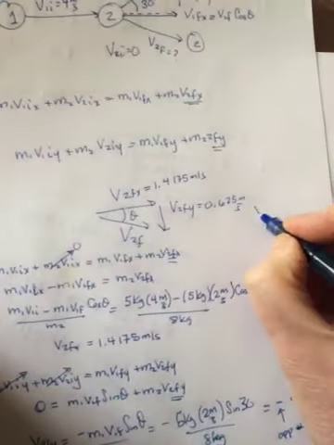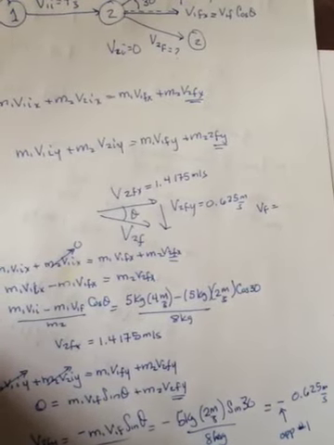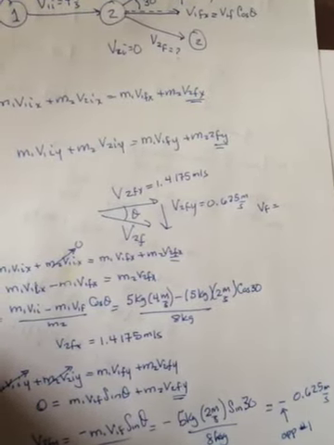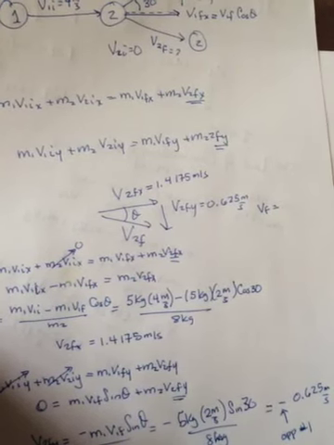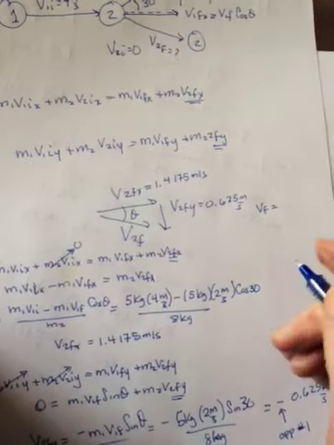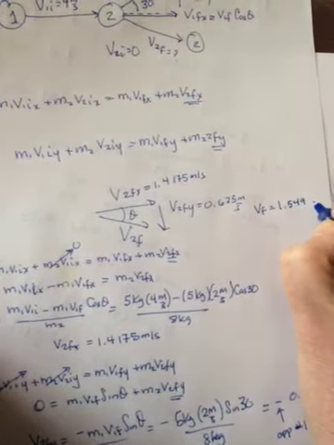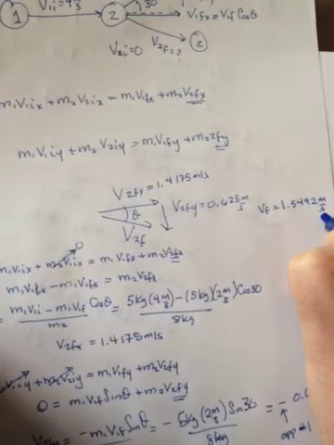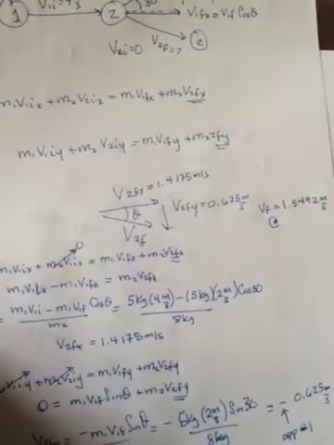So vf equals 1.4175 squared plus 0.625 squared, take the square root, so it's 1.549, I'm going to say 1.5 meters per second.